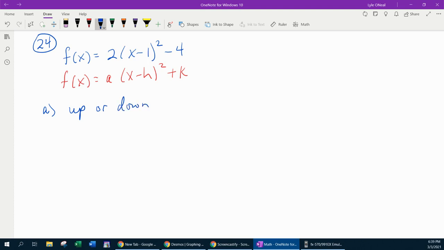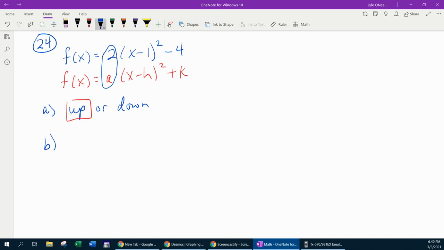Well, the way you determine that is you look at the value of a. If a is positive, your parabola opens up. That means it's going to make a parabola up like that. If a is negative, then it will open down. Super easy in either form to determine whether the parabola opens up or down.